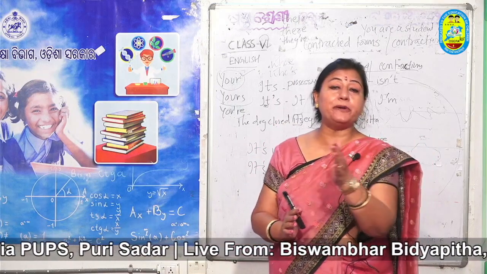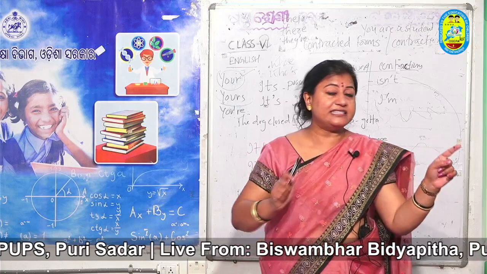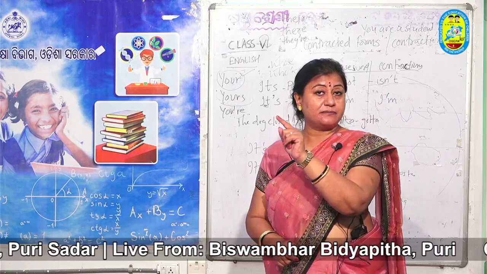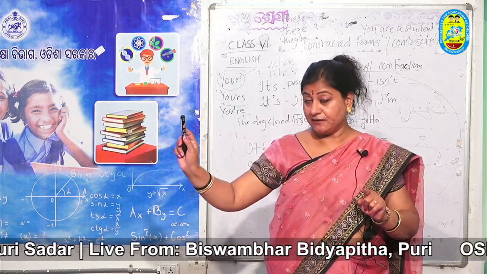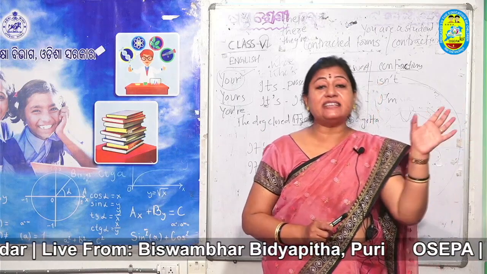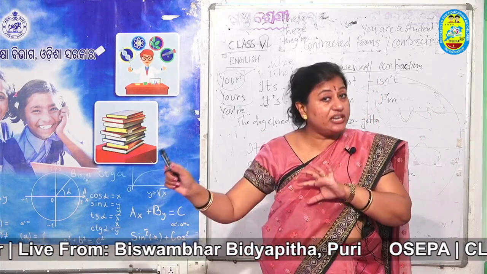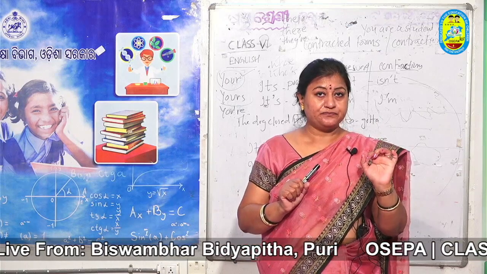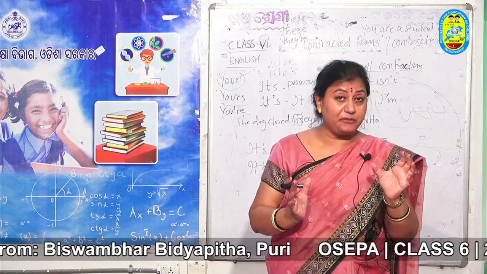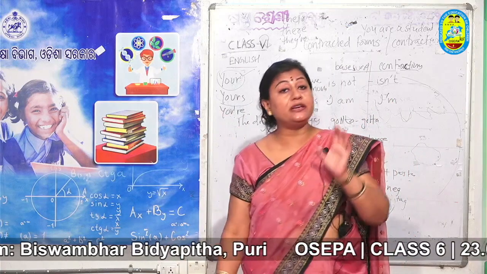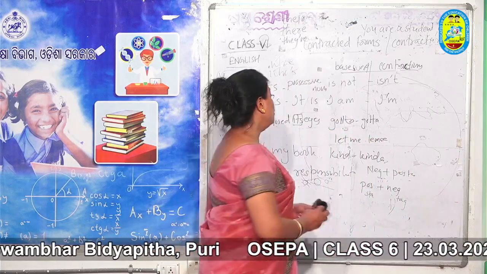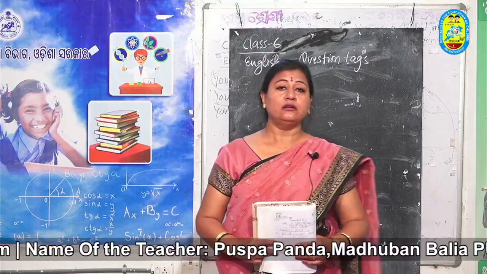Ram is a good boy, isn't he? We don't write isn't Ram, we write Ram is a good boy, isn't he? Rima is a good girl, isn't she? Always use a pronoun in question tags if there is a name.